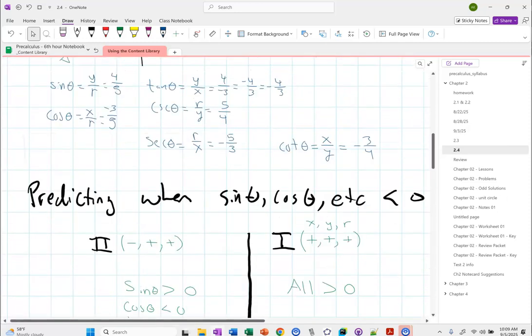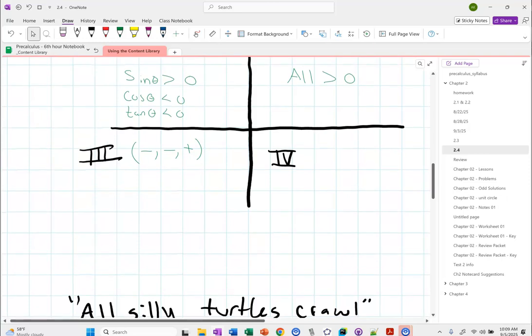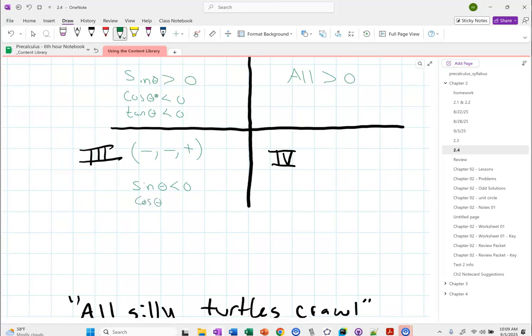And the same thing is true for the reciprocals. So let's go and record that. So far, so good.